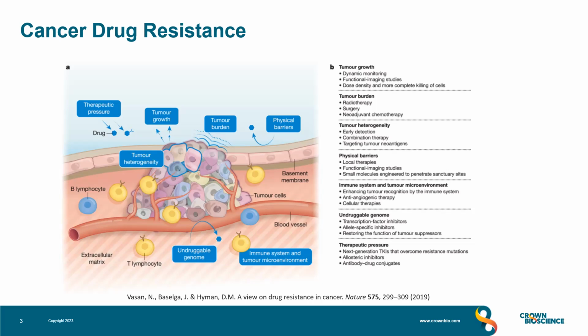So, for example, the size of the tumor and the growth rate and the heterogeneity with the different genomic alterations that reside within the tumor are primary determinants of resistance. And then there's also the physical barriers, the immune system, and the tumor microenvironment, which provides alternative non-target related means of resistance.